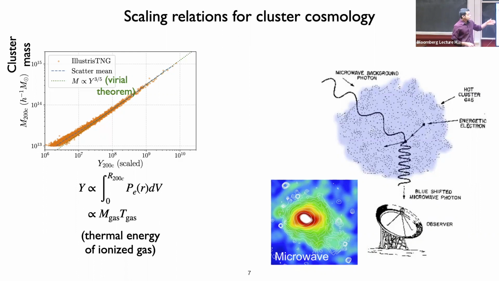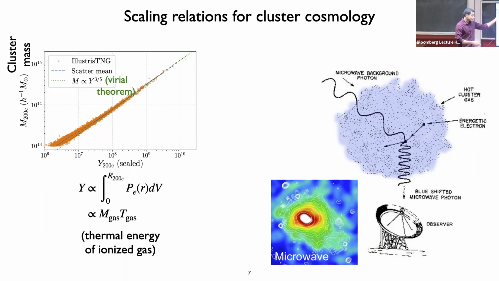For example, a CMB photon comes in, and in the cluster it gets scattered by a high energy electron, which can increase the frequency of the photon. If you observe the CMB coming from the location of a cluster, you can see that these low energy photons have shifted to high energies.